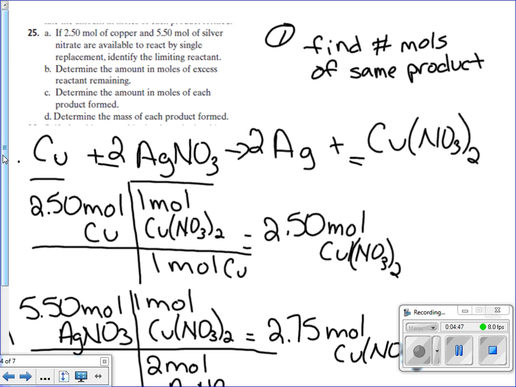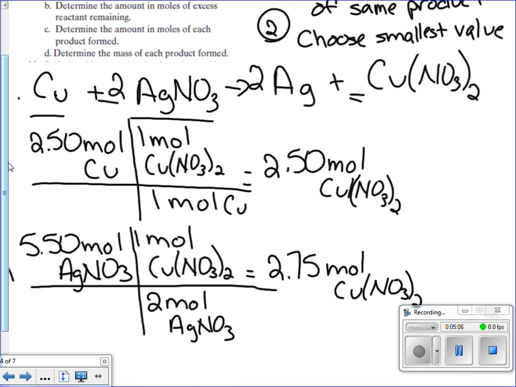All right, so we did the first step. Our second step, we want to choose the smallest value, and the reason why, if I've given you 2.5 moles of copper, you can make 2.5 moles of copper nitrate.